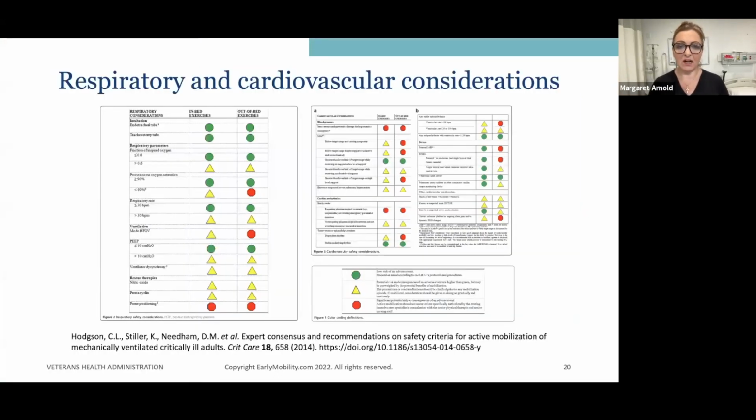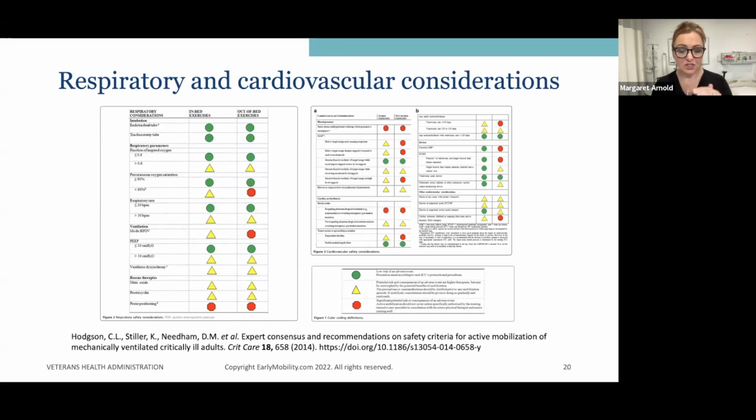This is a great article that was put together by a team of 26 international experts on respiratory, cardiovascular, and neurological safety screening conditions for getting patients moving in bed as well as getting patients out of bed. And what I like about this article is they used a red light, yellow light, green light kind of approach.